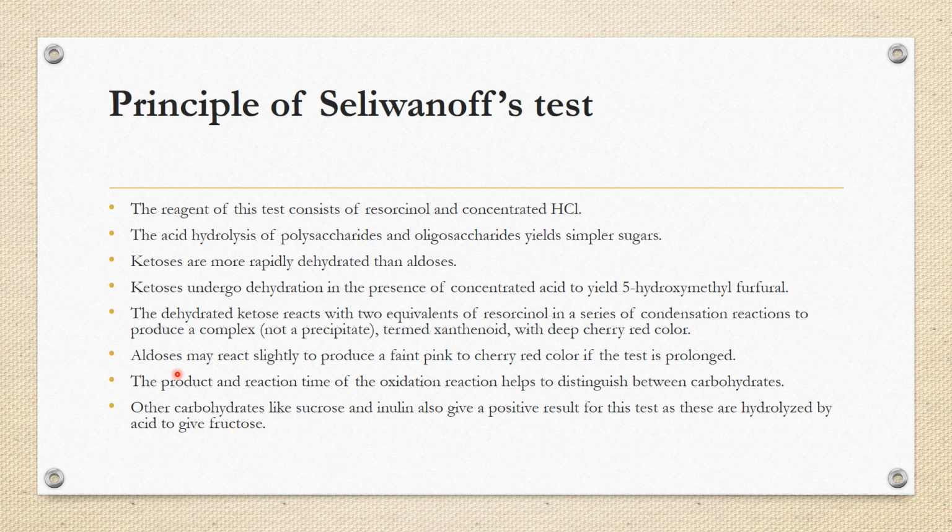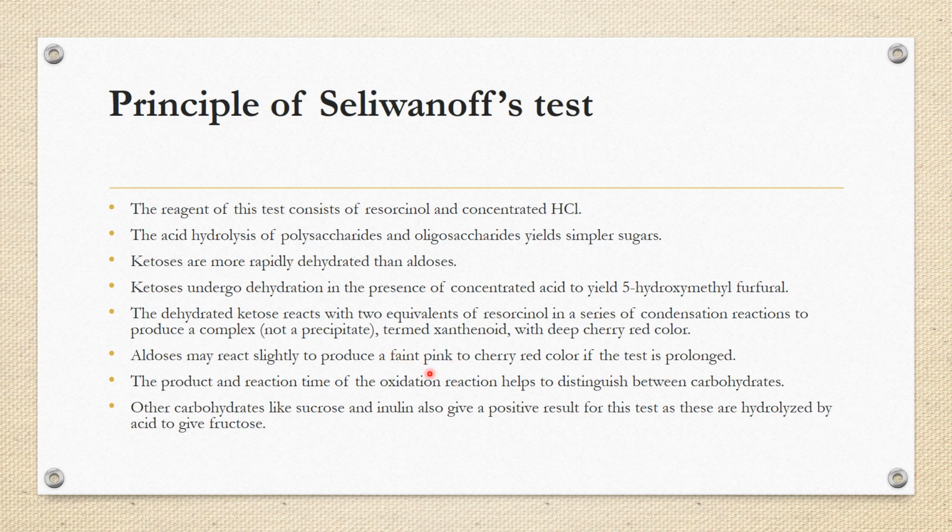Aldoses may react slightly to produce a faint pink to cherry red color if the test is prolonged. That means if the test takes more seconds or more minutes, the aldoses also can give a positive result by formation of a faint pink to cherry red color if the test is prolonged.